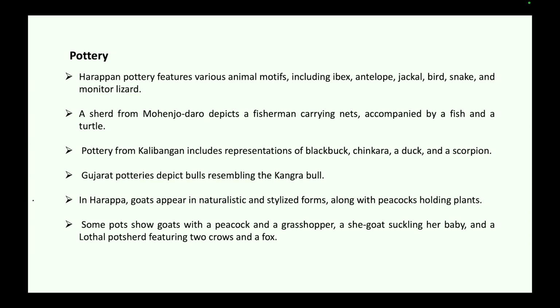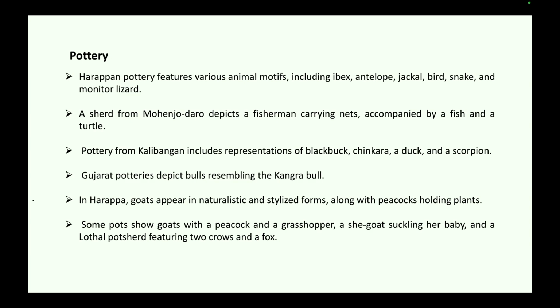On pottery, Harappan pottery featured various animal motifs including ibex, antelope, jackal, bird, snake, and monitor lizard. A sherd from Harappa and Mohenjo-daro depicts a fisherman carrying nets accompanied by a fish and a turtle. Pottery from Kalibangan includes representations of blackbuck, chinkara, a duck, and a scorpion. Gujarat pottery depicts a bull resembling the Kankrej bull.